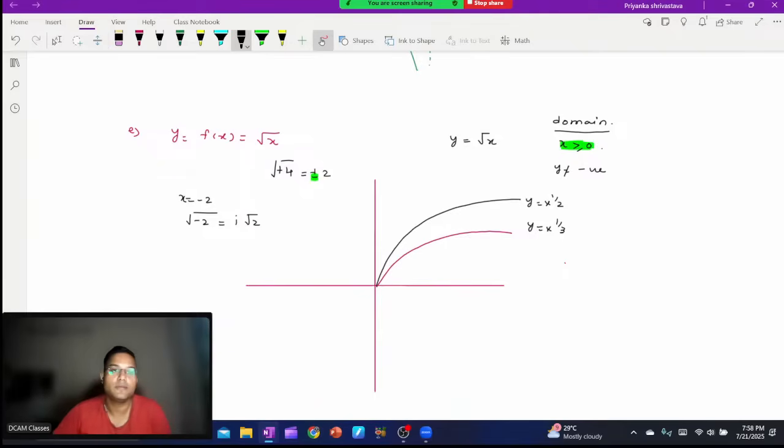Can you tell me now the domain and range? Domain you have already written. Range would be 0 to infinity.